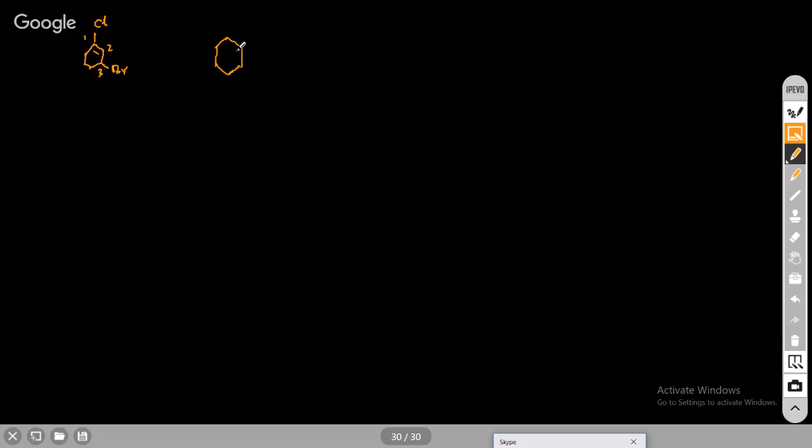Right. What is the name of this compound? Now, 2 or 3?